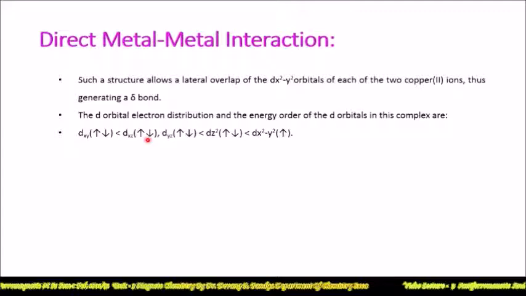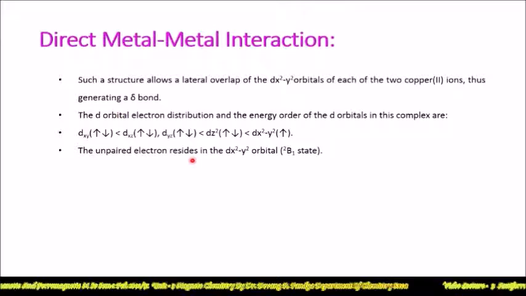So you can see that the highest energy is in dx²-y². The unpaired electron resides in this dx²-y² orbital, that is in the 2B1 state.